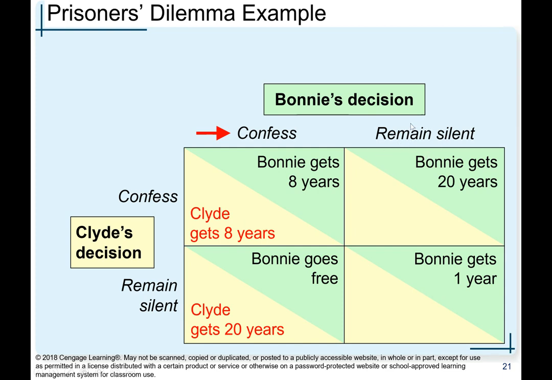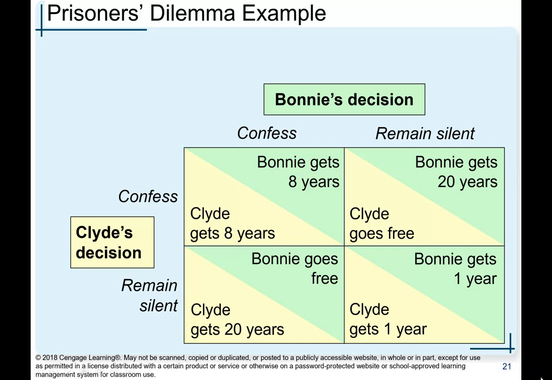If Barney remains silent, doesn't confess, but Clyde confesses, then Clyde goes free, Barney gets 20 years. The opposite is in this quadrant. In this corner, though, Barney gets 1 year, Clyde gets 1 year because they both remain silent. The police don't have enough evidence. So clearly, this corner is in their best interest.